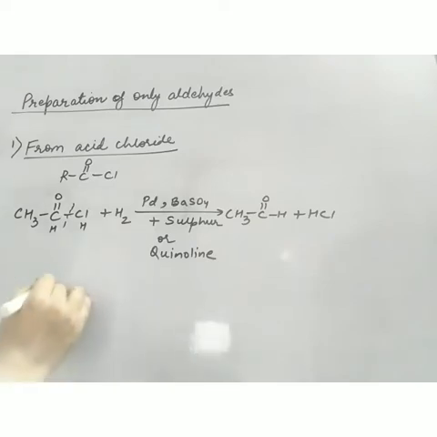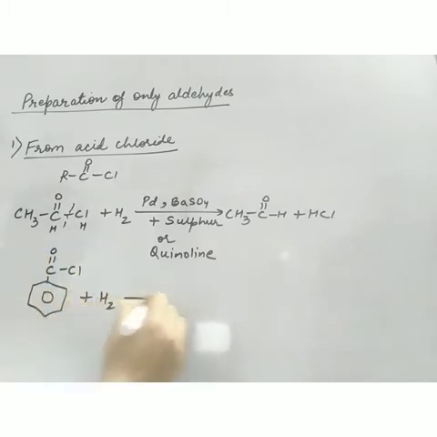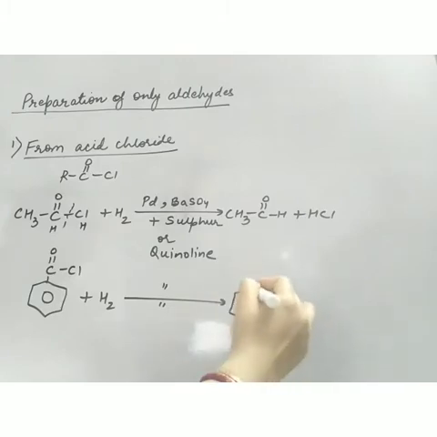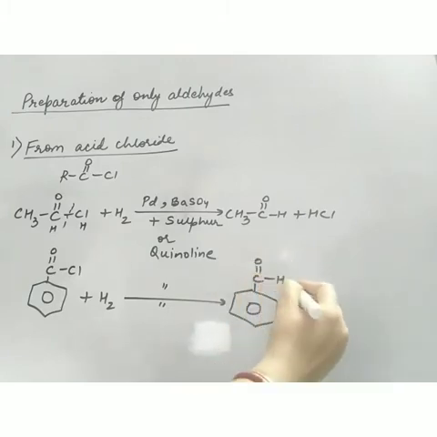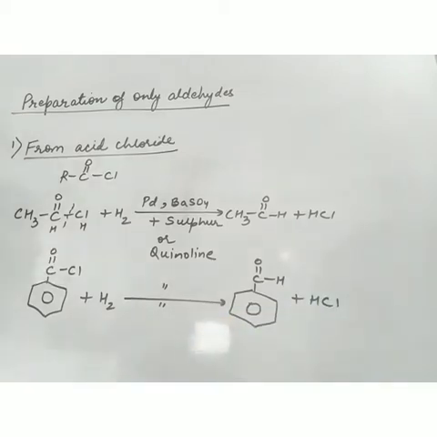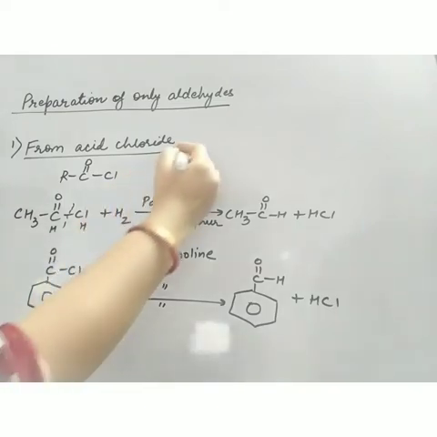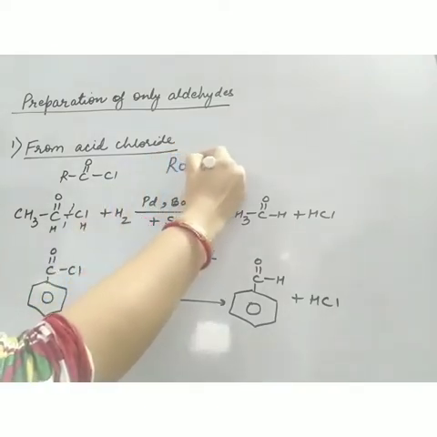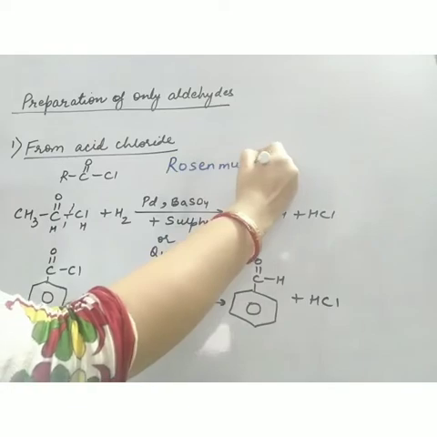Now suppose this is my aromatic acid chloride. The same reaction is there. I will get this benzaldehyde. Now this reaction has a name. It's a name reaction and it's known as Rosenmund reduction.